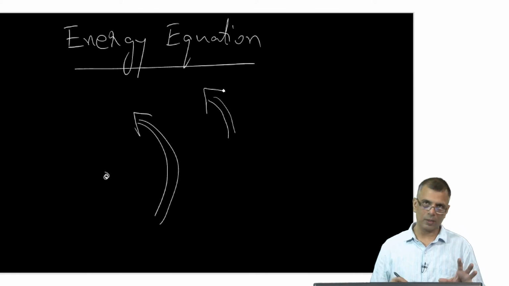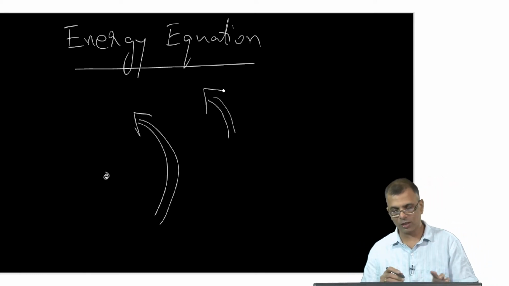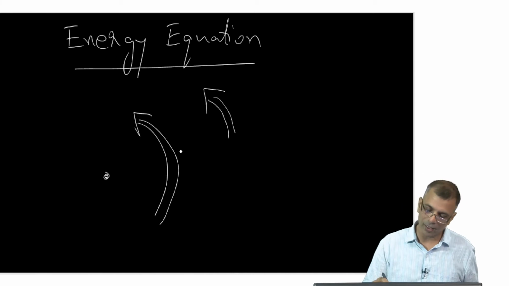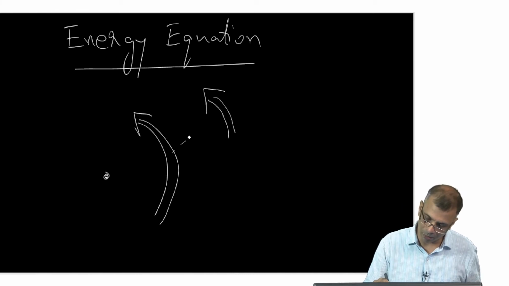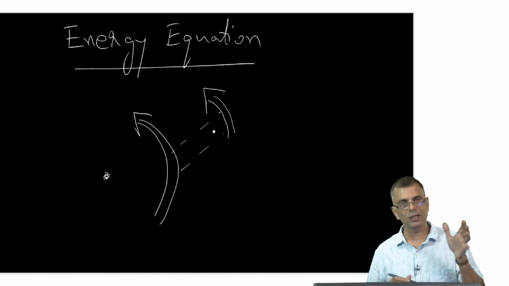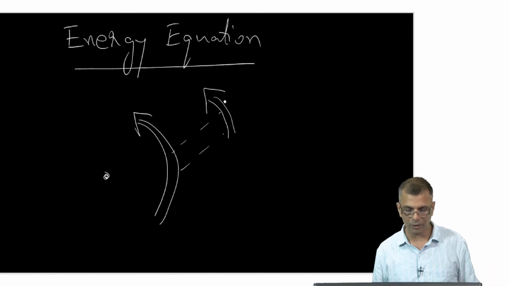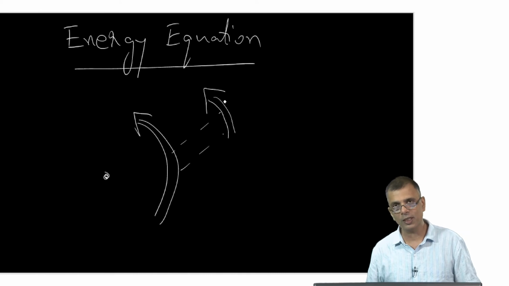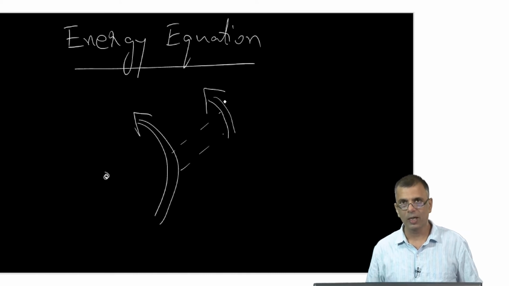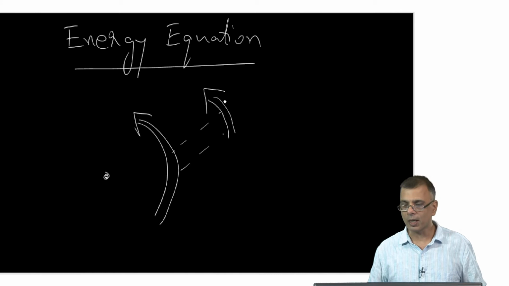And the fact that you have this shear kind of motion points to the fact that there are little rubber bands connecting these layers, opposing the sliding of this layer over this layer. But we also know that viscosity is a dissipative thing. It appears in the momentum equation, but we also know that viscosity causes energy dissipation.